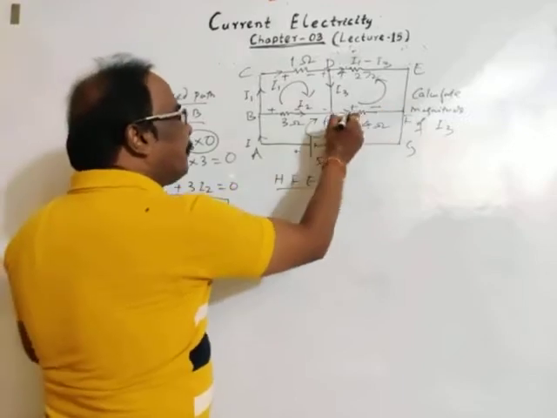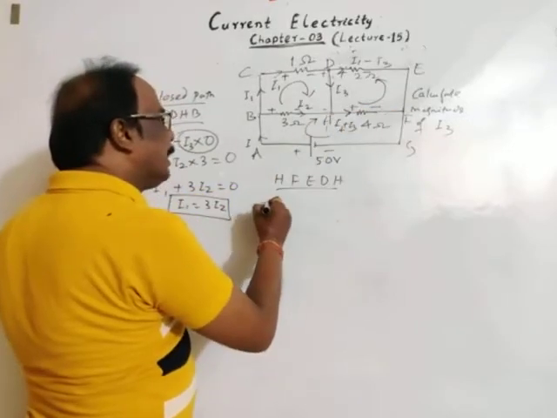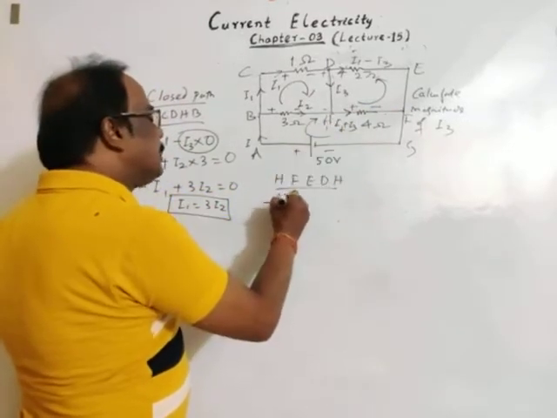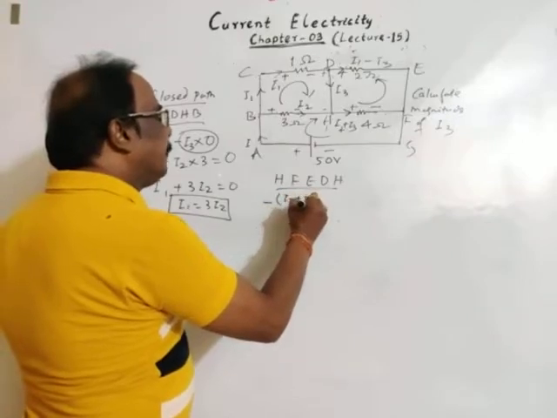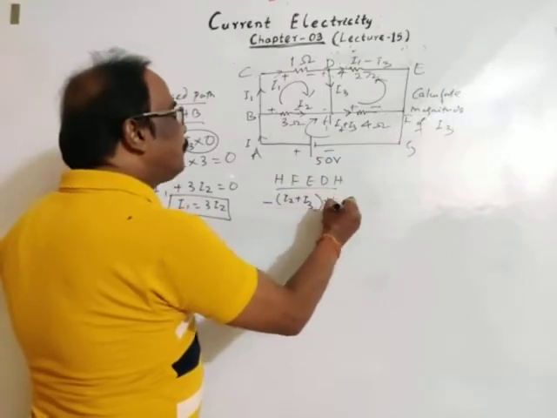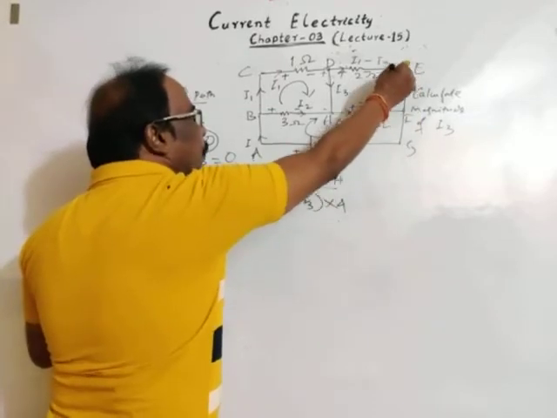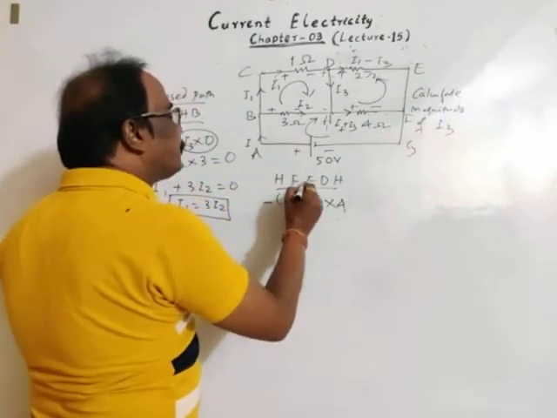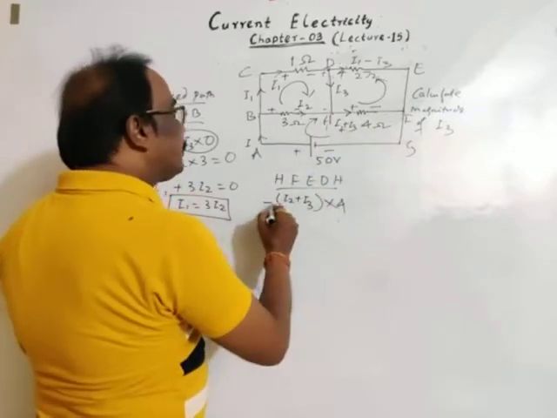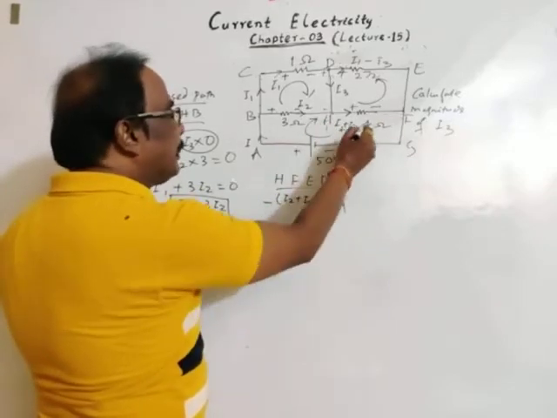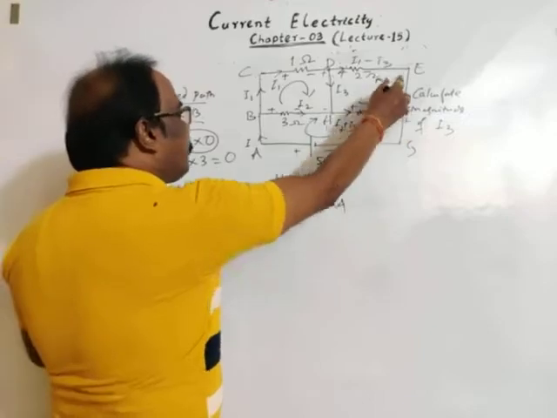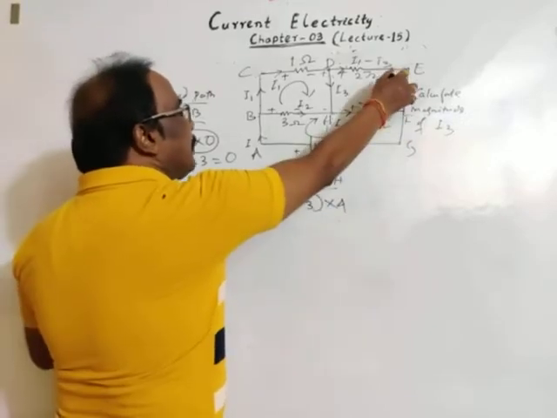From H to F, from high potential to low potential, minus. Current is I2 plus I3, resistance is 4 ohm. H to F. Then F to E is 0. There is no load, no resistance. So H to F is minus (I2 plus I3) into 4 ohm, and F to E, resistance is 0.